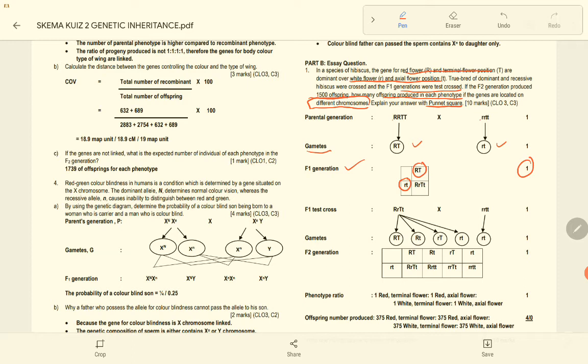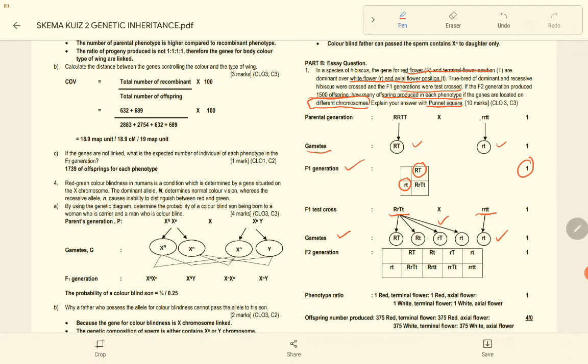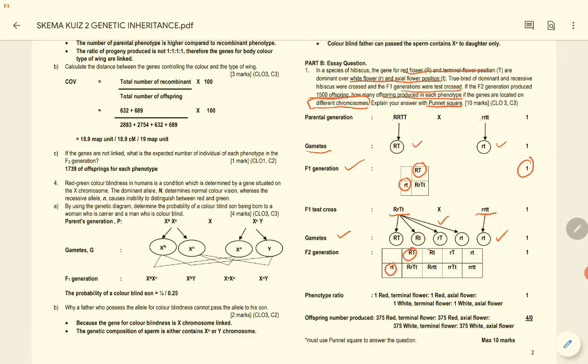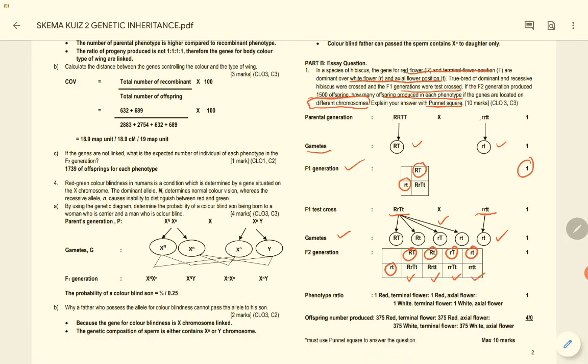F1 test cross: big R, small r, big T, small t, crossed with small r, small r, small t, small t. Then the gametes: 4 gametes from the heterozygous parent, 1 gamete from the homozygous parent. For F2, if all the gametes are the same, you only write once. So you have 4 types of genotypes.